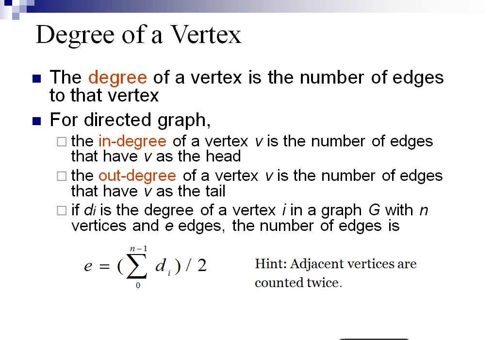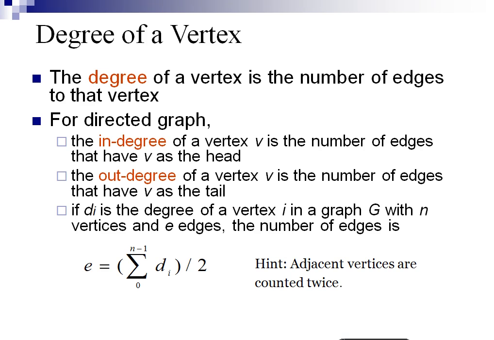Now there are some concepts related to graphs. Let us see what these are. First is the degree of a vertex. The degree of a vertex is the number of edges to that vertex. So if you want to calculate the degree of a vertex, you need to calculate the number of edges over that vertex.